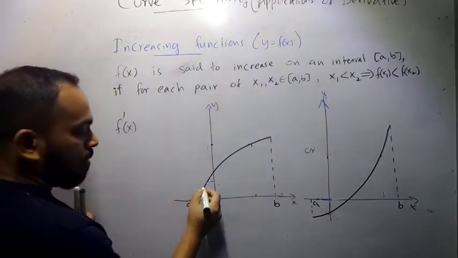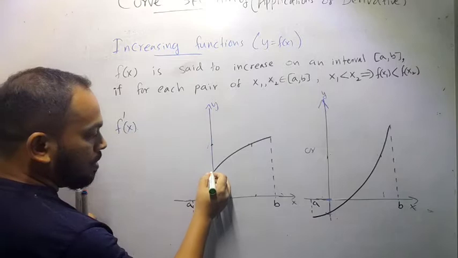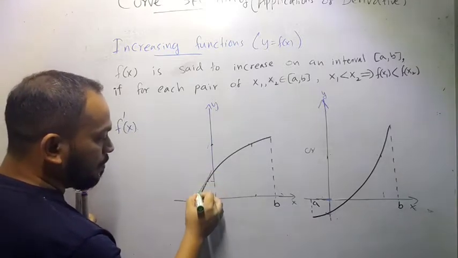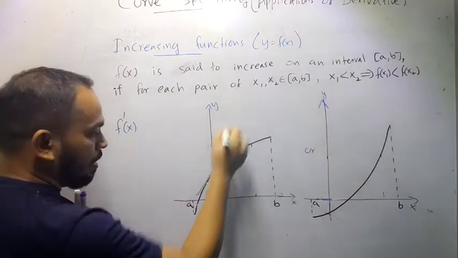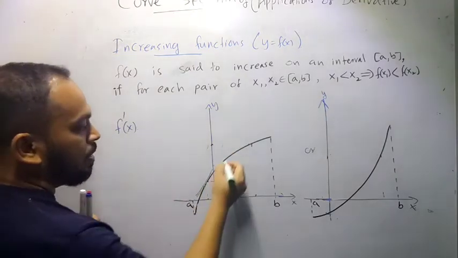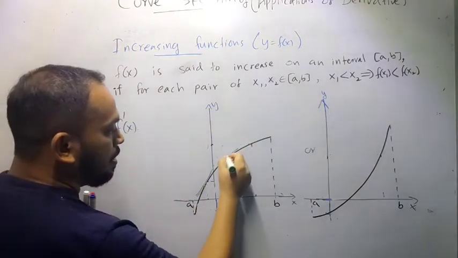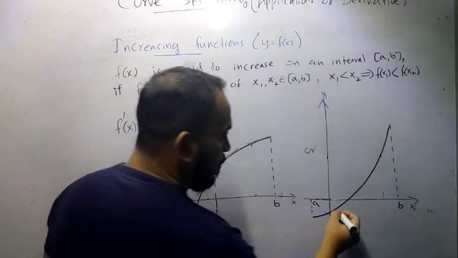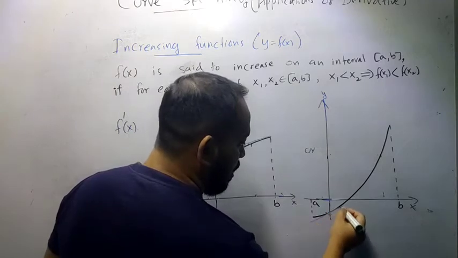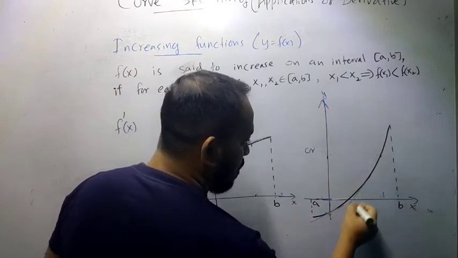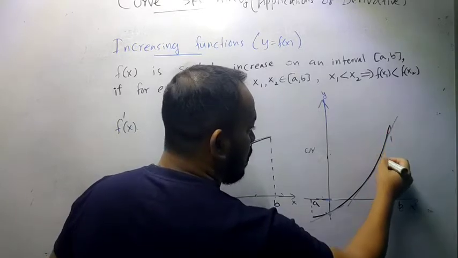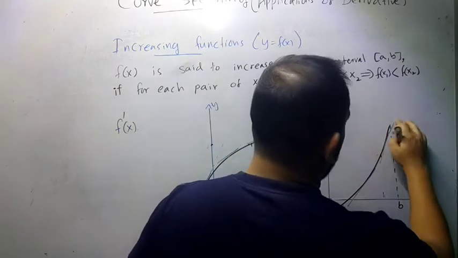Suppose we are here, then this would be the tangent line drawn to it. If you are here, this would be the tangent line. Here, this would be the tangent line. Same way here, tangent line, again tangent line.